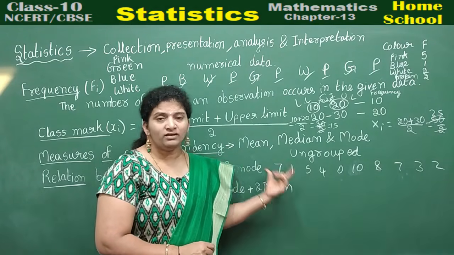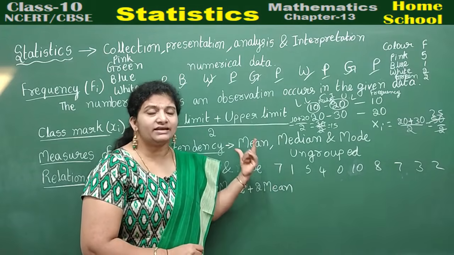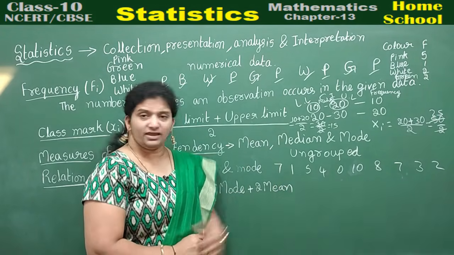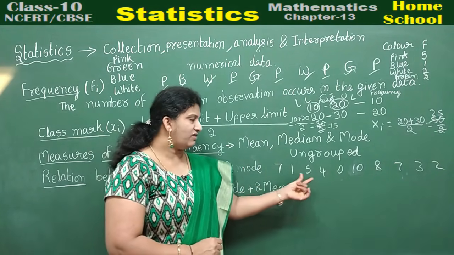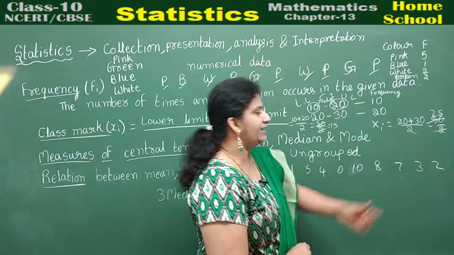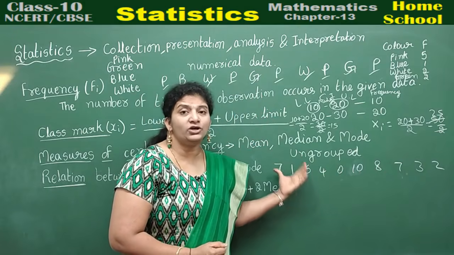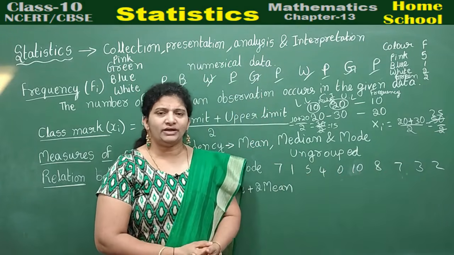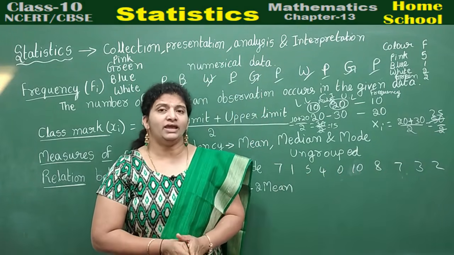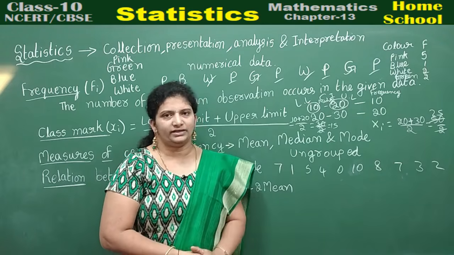It is a class test conducted for 10 children. Marks are here: 7, 1, 5, 4, 0, 10, 8, 7, 3, 2. This is called ungrouped data. Why is it ungrouped? It is data collected by individual student.